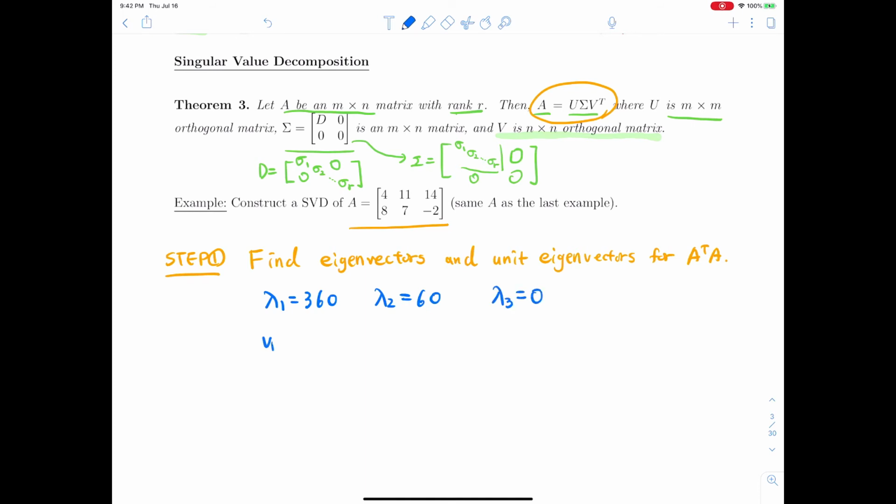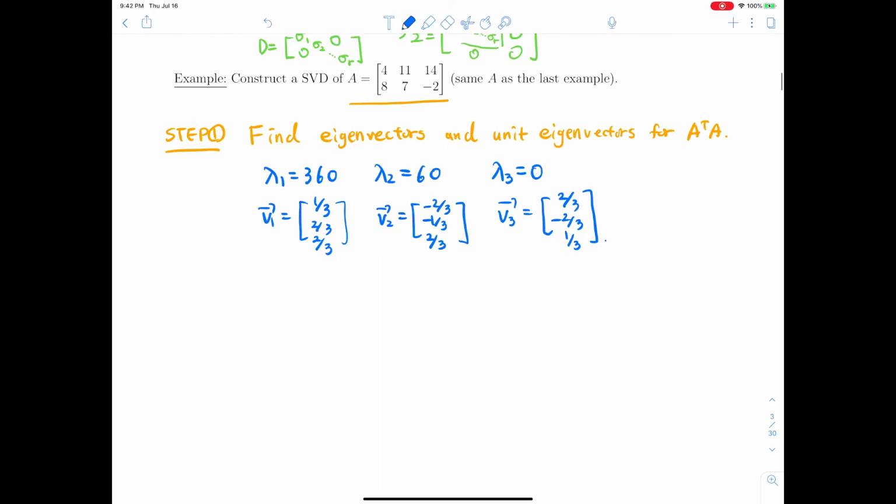And V1 is given by 1/3, 2/3, and 2/3. V2 is given by negative 2/3, negative 1/3, and 2/3. And V3 is given by 2/3, negative 2/3, and 1/3.